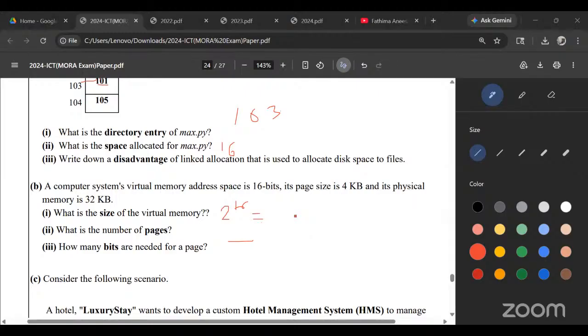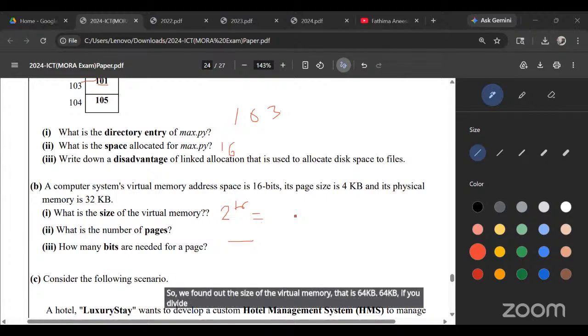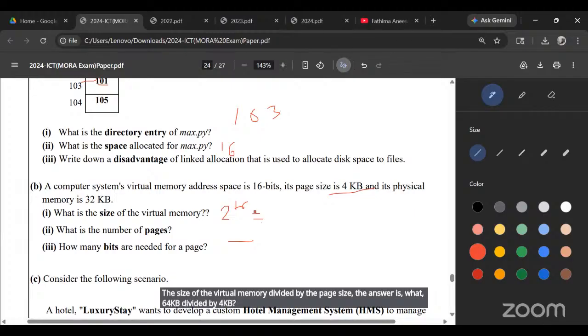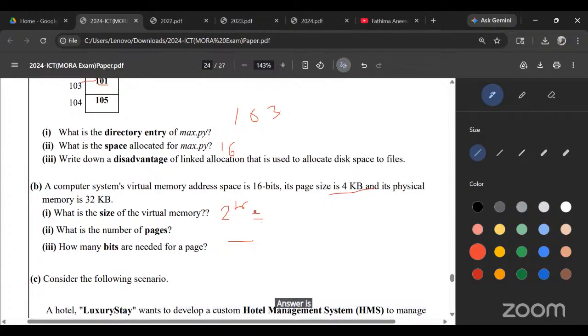And they're asking next, what is the number of pages? So we found out the size of the virtual memory, that is 64 KB. If you divide it by the page size which is given in the question, the size of the virtual memory divided by the page size, the answer is what? 64 KB divided by 4 KB. Answer is 16. So 16 pages.